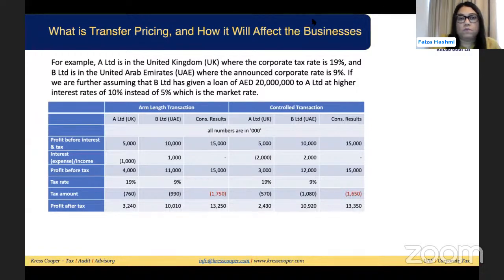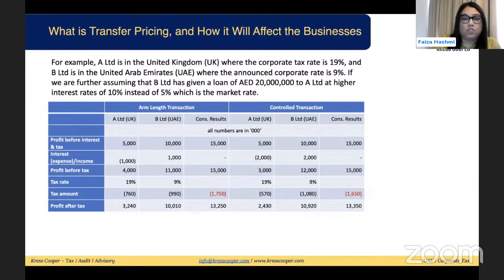Now, if you look at the arm's length transaction, if this transaction was not with a related party and the interest was given at the correct market interest rate, then you can see that the tax amount here, after you take out the correct interest expense, would be 1,000, which would lead to the tax amount being 760, which is a lot more than what it was in the controlled transaction, which was 570. And then for B Limited, the tax amount would be 990.